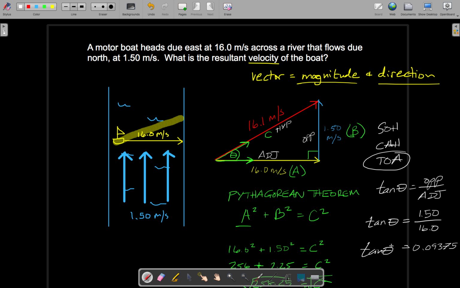Now that is not our final answer because we do have to eliminate the tangent in order to get theta by itself. So by doing that, we need to take the inverse tangent. So that would be something like this.